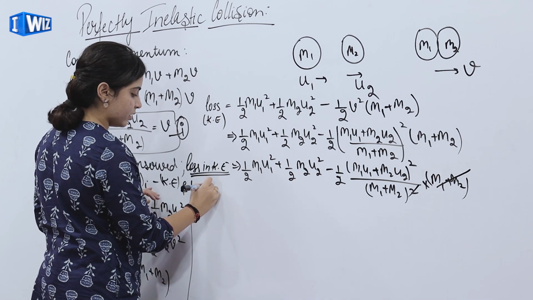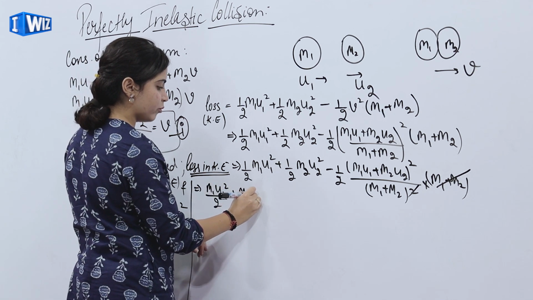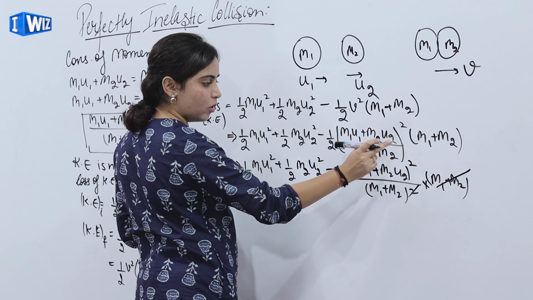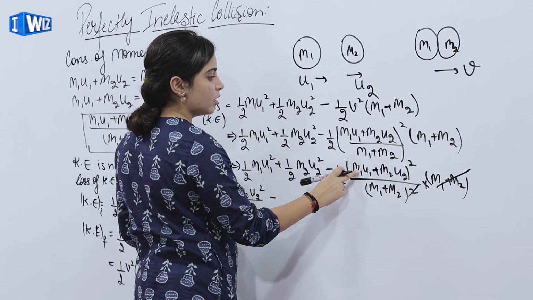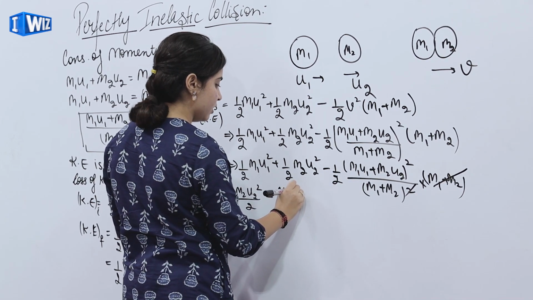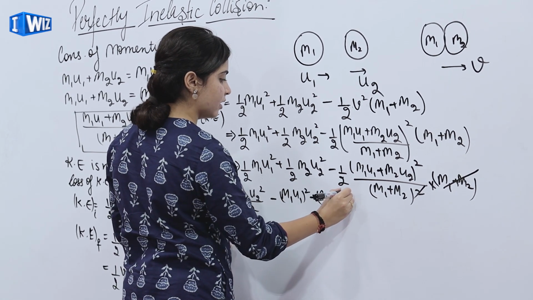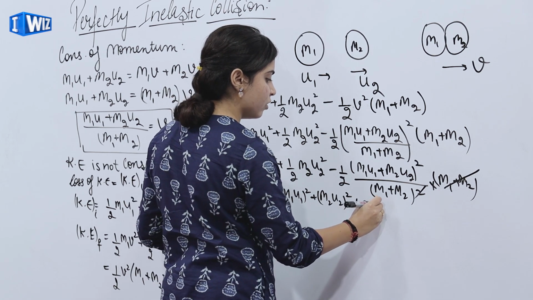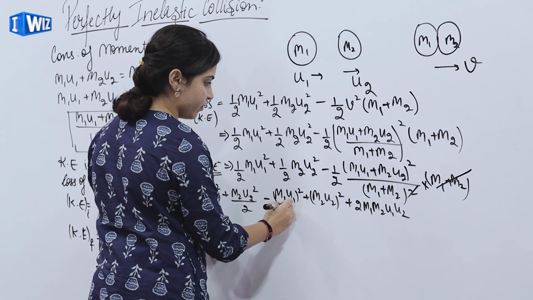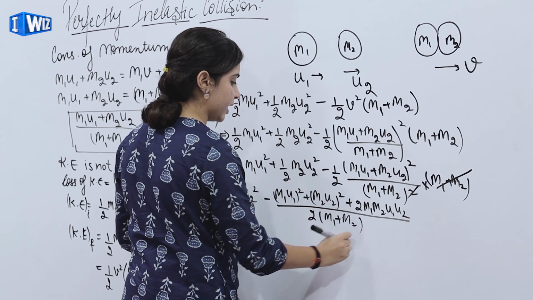We'll get m1 u1 square upon 2 plus m2 u2 square upon 2 minus, using the identity (a plus b) whole square, (m1 u1 square plus m2 u2 square plus 2 m1 m2 u1 u2) upon 2 (m1 plus m2).